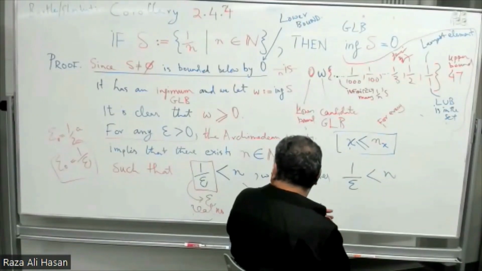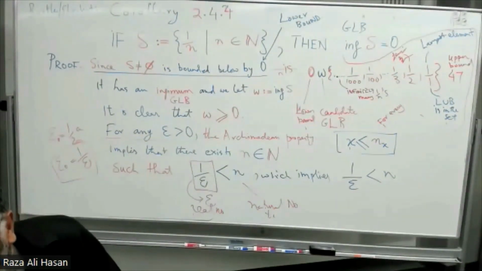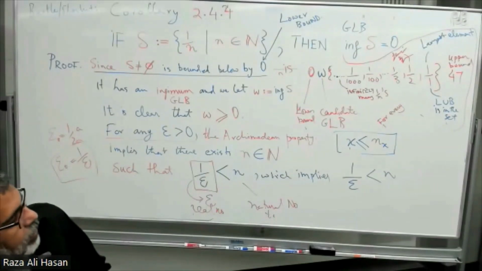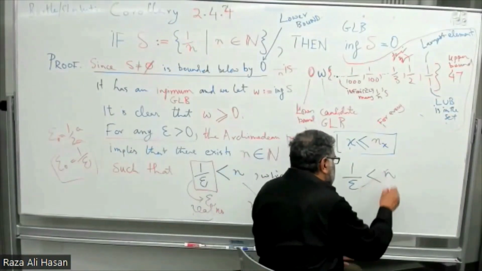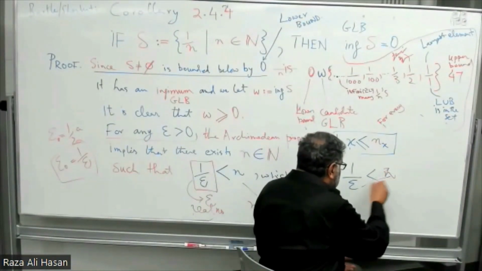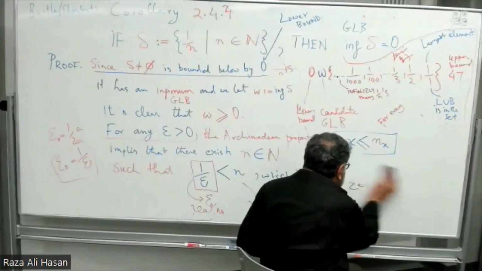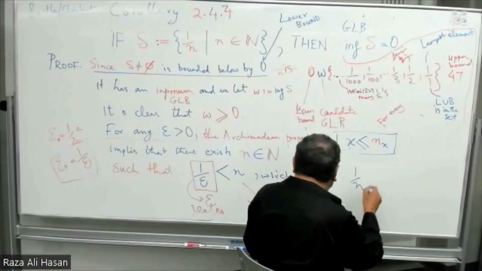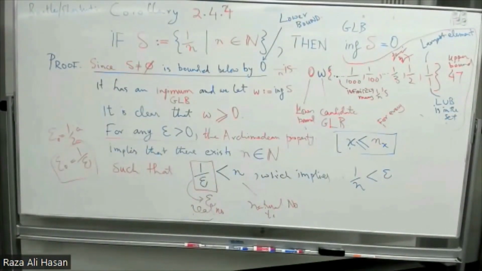We're just doing cross multiplication. This goes here and this goes here. But anyway, what happens next is this. 1 over n is less than epsilon.